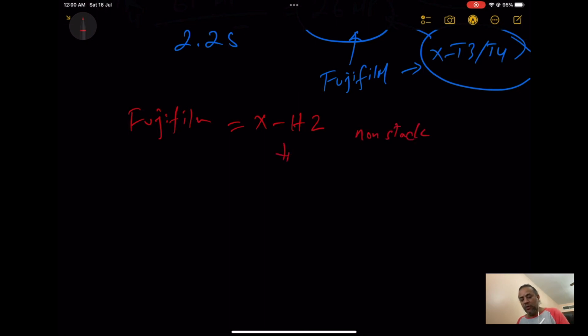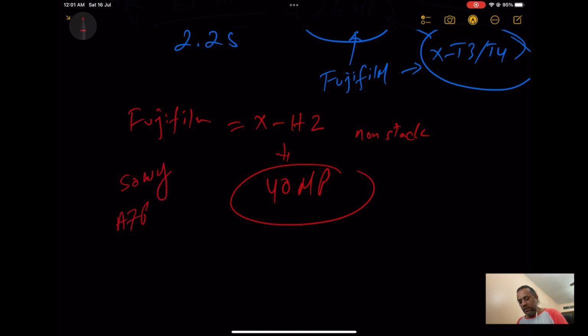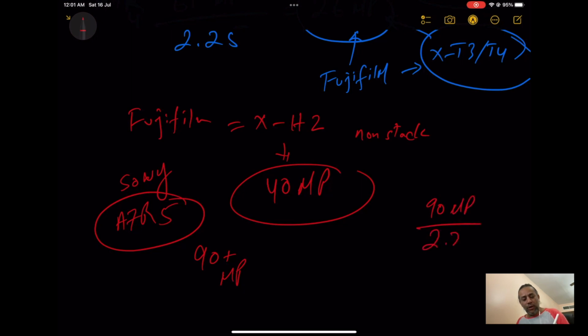It has the output of 40 megapixel, and at the same time Sony announced their A7R5, which was 90 plus megapixel. So if I use 90 megapixel divided by 2.25, it will give me this value.